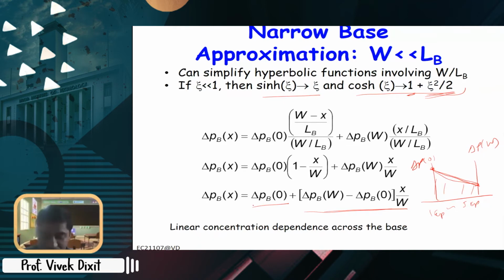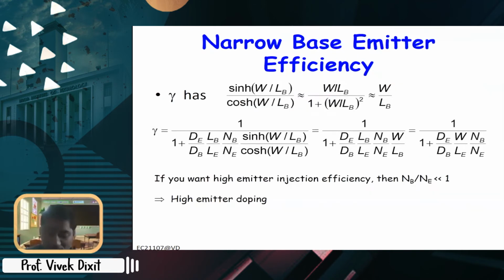Correct? So at x equal to 0, this is delta PB naught, and at x equal to W, this is delta PB W. And similarly for a smaller width, you can approximate gamma and alpha. So gamma will involve tan hyperbolic, and that will be the same as W by LB.